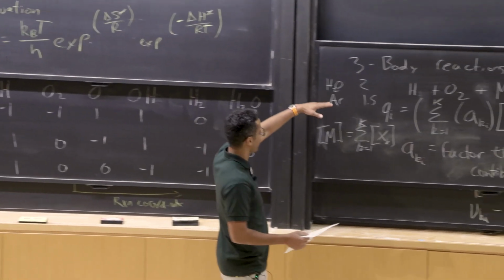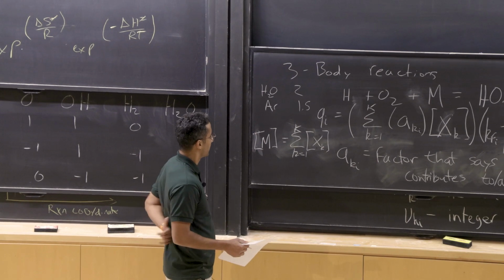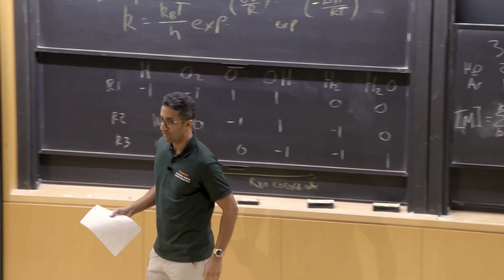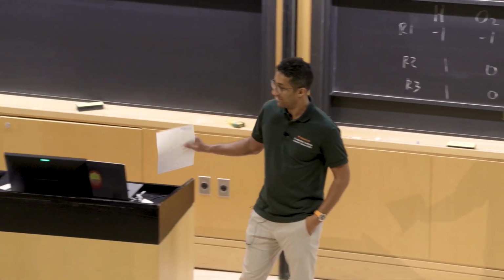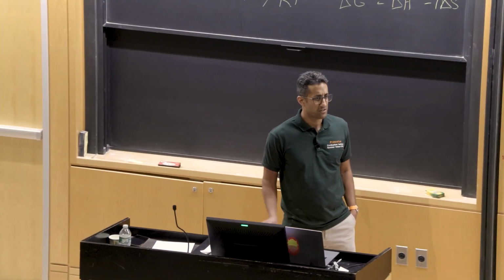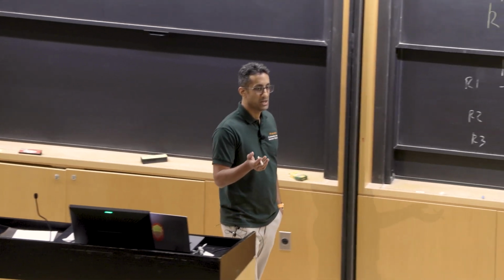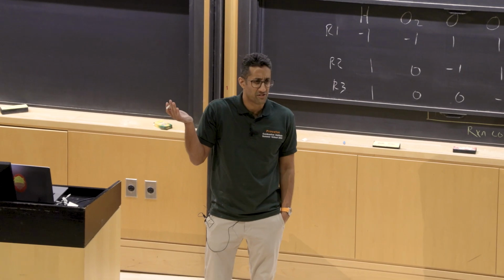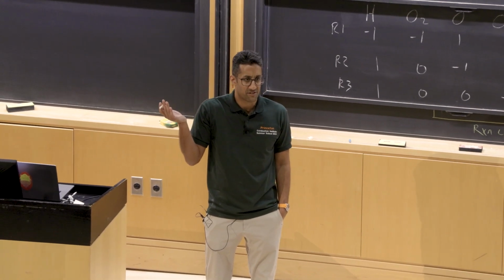And how do they know which species are contributing more as a function of pressure to a specific reaction? Well, one way is people do experiments. They do experiments in argon, in nitrogen, in water, and they notice slight differences in the ignition limits for hydrogen. Why are there differences if you change the bath gas?